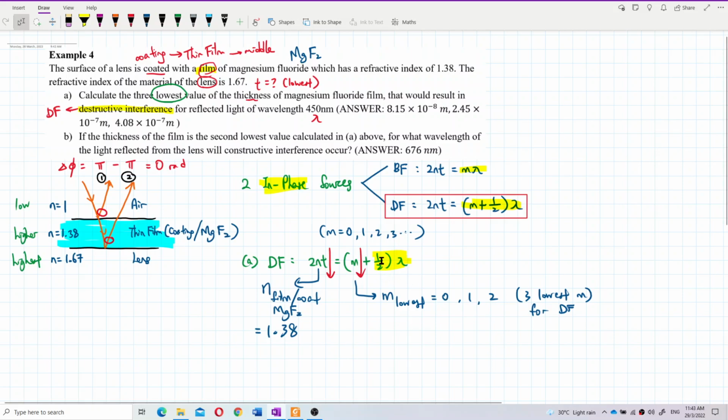Since the equation has half lambda, that means the order can go to 0. If the equation doesn't have half lambda, just m lambda, then the order cannot go to 0; the order needs to start from 1.